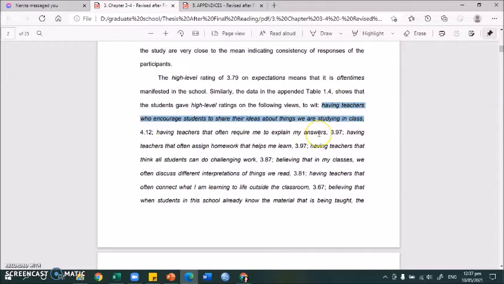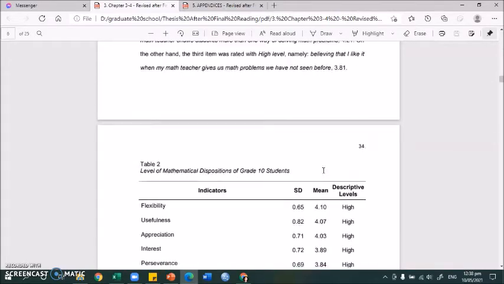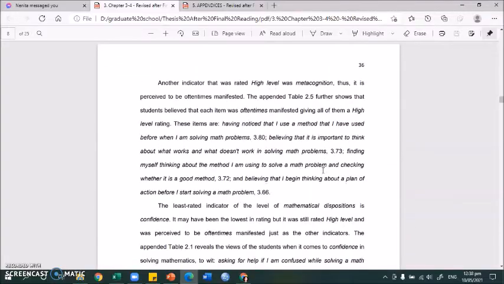Okay? However, pagdating sa chapter 4, i-explain mo na. Okay? I-restate mo na. Right? In such a way na parang na-connect mo na yung ideas of results. And ganun pa rin, highest to lowest pa rin yung discuss nito sa chapter 4. Okay. Having teachers who encourage students to share their ideas about things we are studying in class. Now, i-rephrase mo na ito. So, as if yung author na ang nagsasalita, hindi na yung respondent.